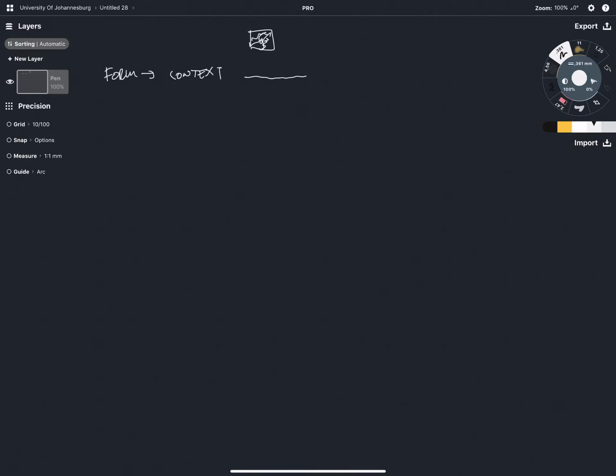And whether you're sitting next to a really tall building, or a church, or an industrial area, will start to inform what your building looks like, right down to even in plan.